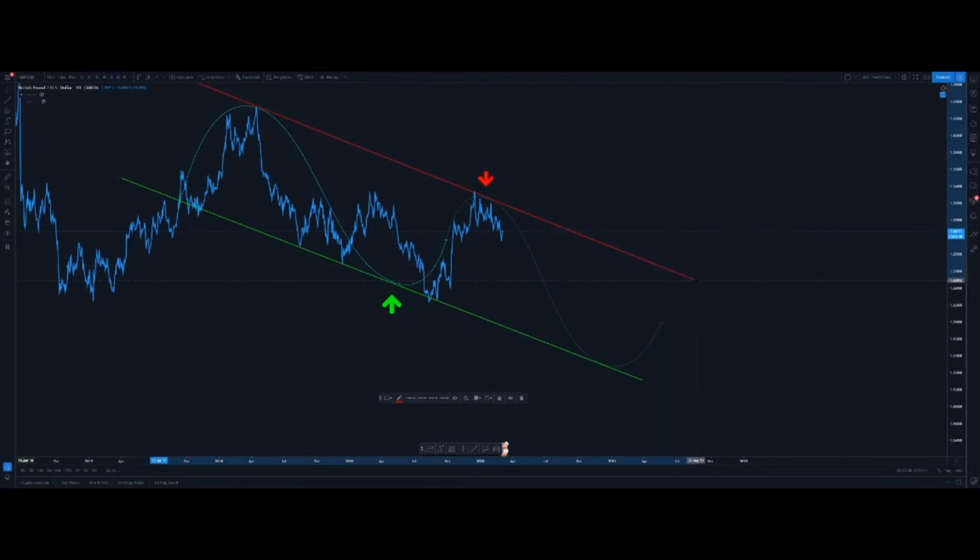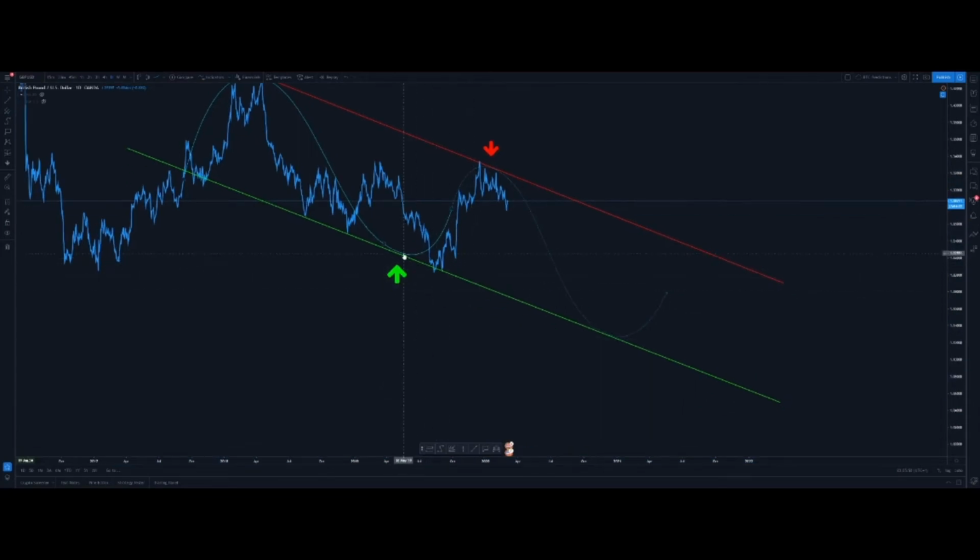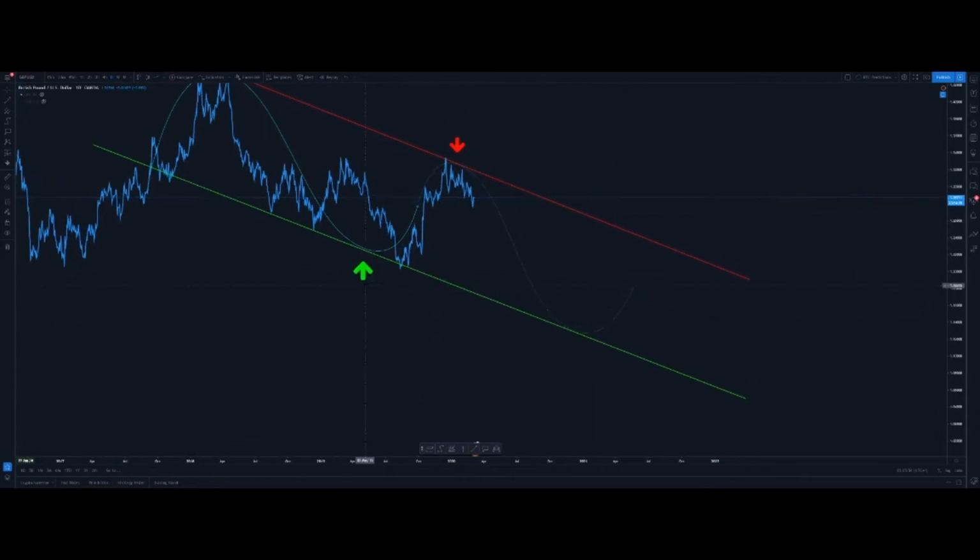Before a pattern is completed and wants to break out or reverse the trend, it needs a second confirmation of the support. Let's change the opacity, since this is not confirmed yet.